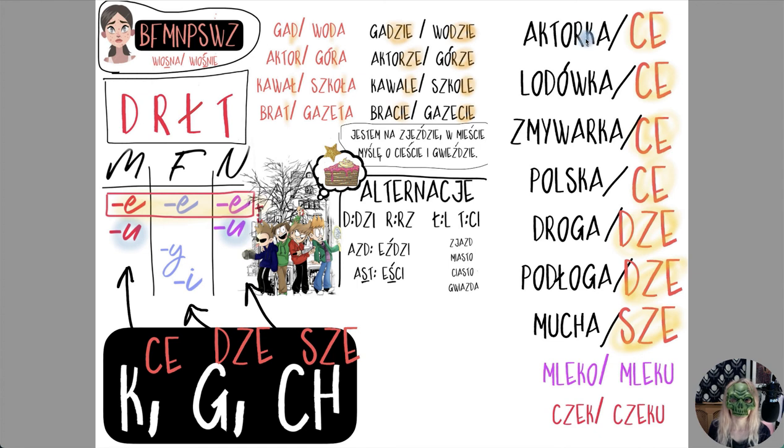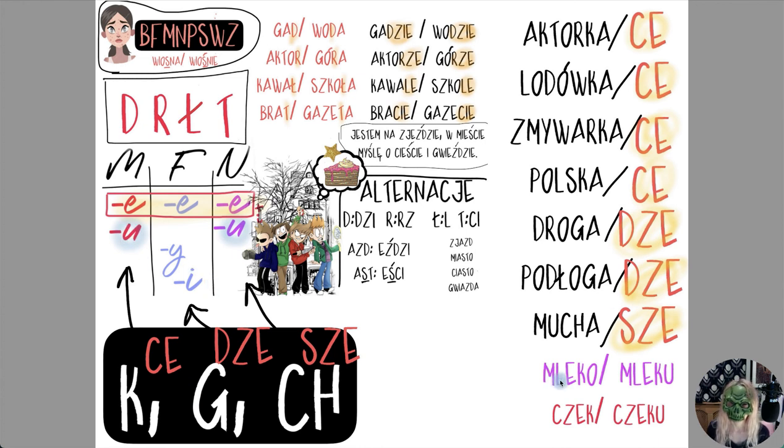In other words, we can drop the last two letters and replace them with c, z, and sz, and we will be right. But when it comes to neuter or masculine nouns that have these letters in question, they will have the ending u.